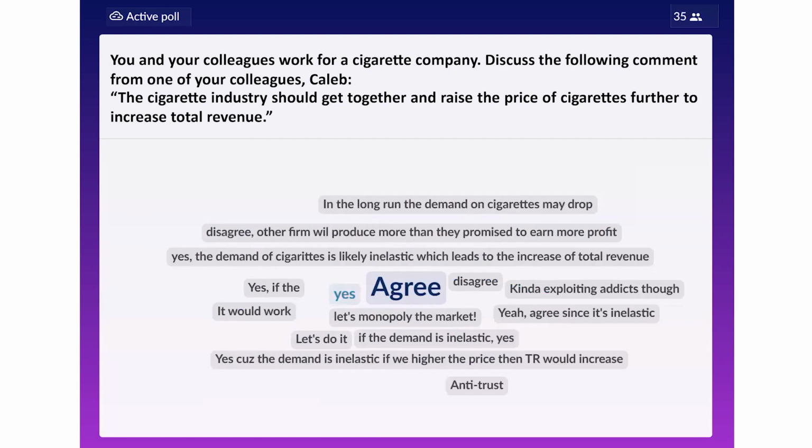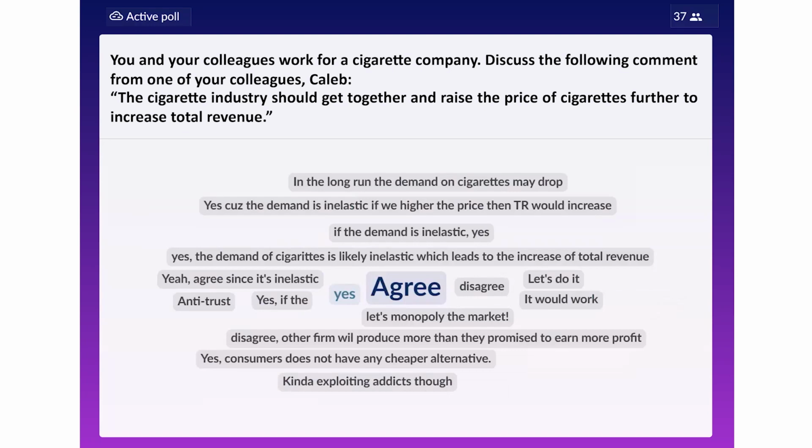All right, so a lot of you have entered your answers. If you still have answers, you are still free to key in and send it out.